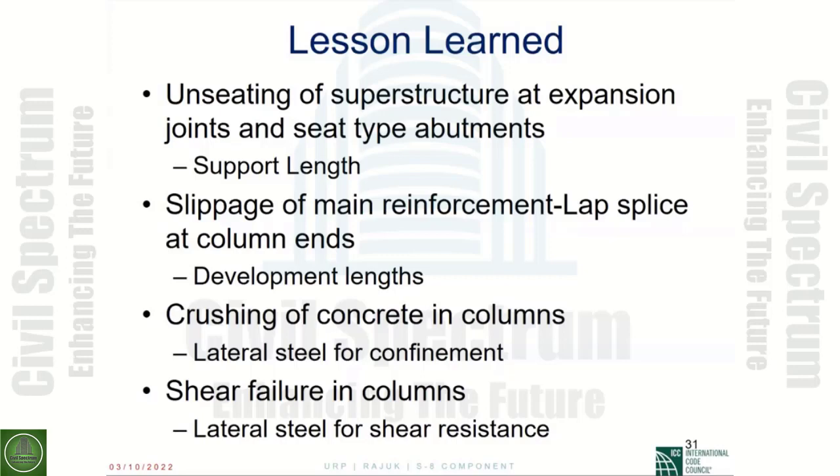The third one is the crushing of the concrete, and that's why we need to have confinement steel, lateral steel for the confinement. The fourth one is the failure in shear inside reinforced concrete column. That will be brittle, and that's why you want to have lateral reinforcement for the shear resistance based on a plastic hinging of the column.